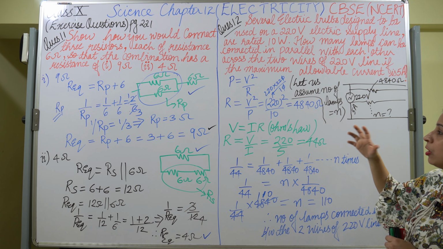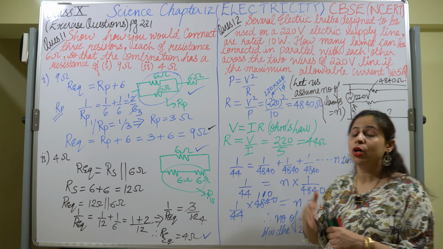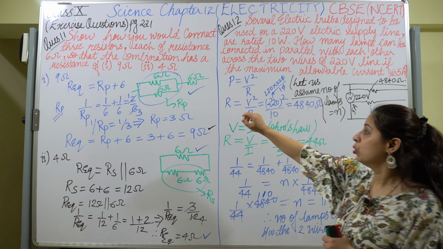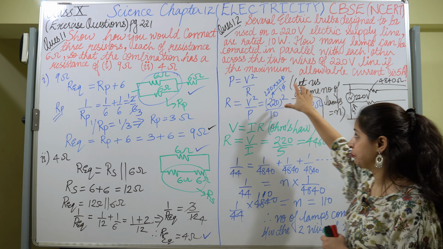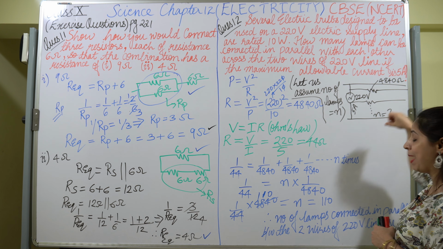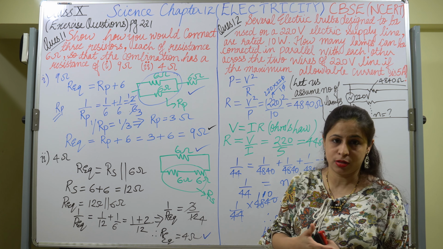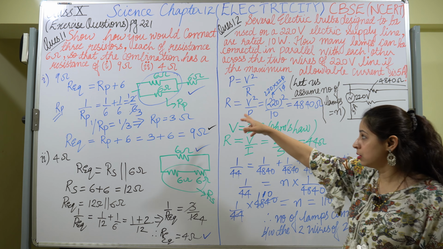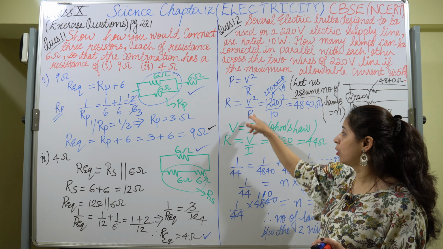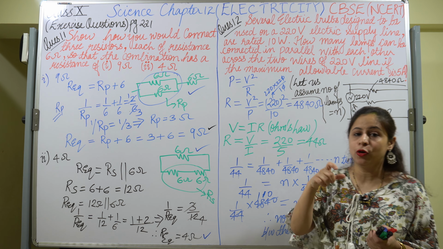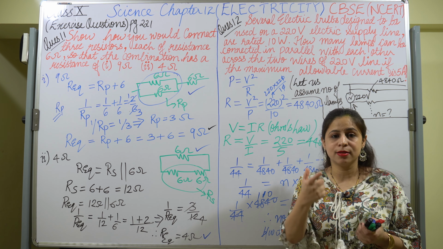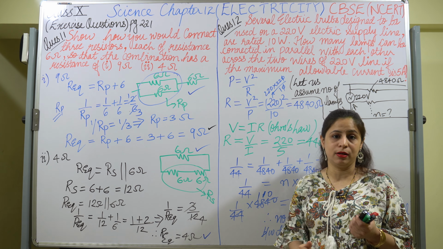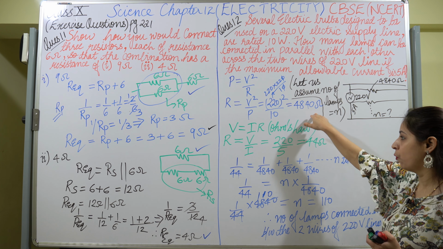The concept we used here is that power is equal to V square upon R, because in a parallel circuit the voltage remains constant. So R is equal to V square upon P. First we found the value of one resistance to be connected in parallel, which came out to 4840.